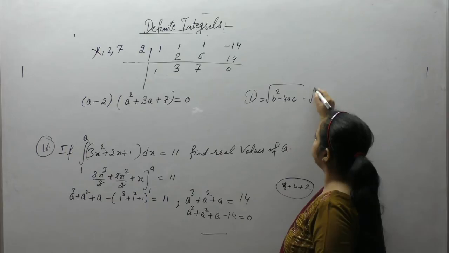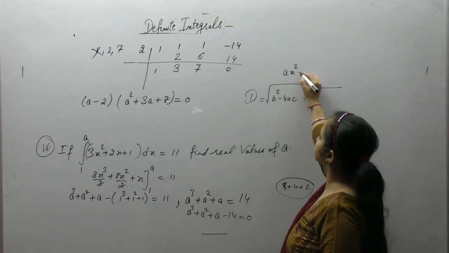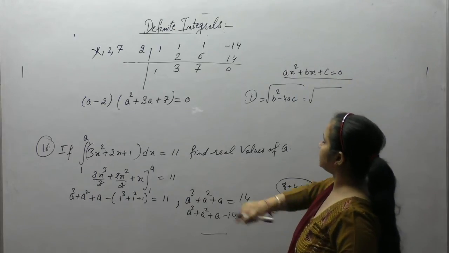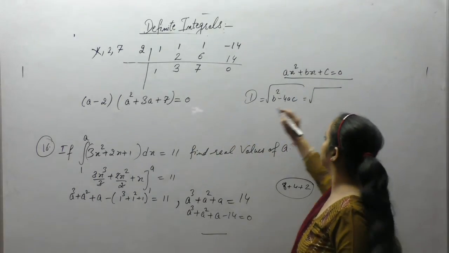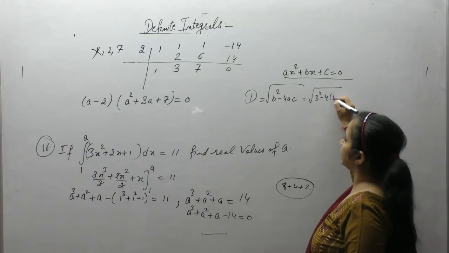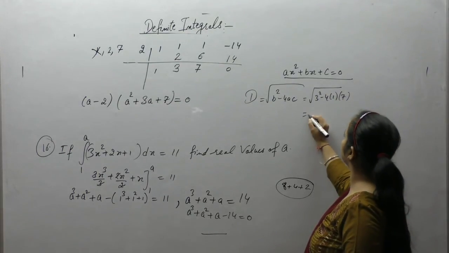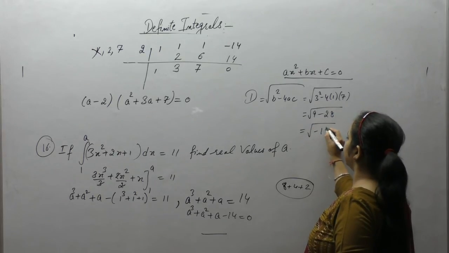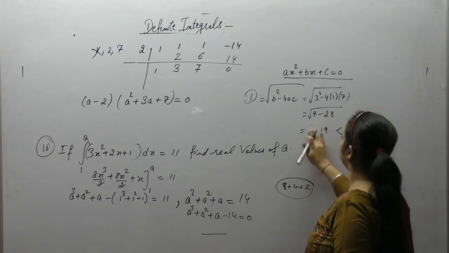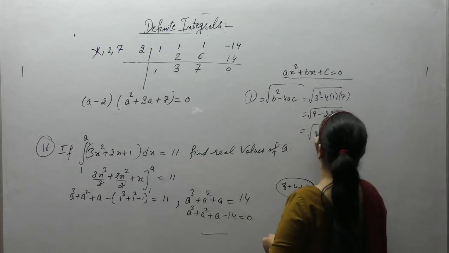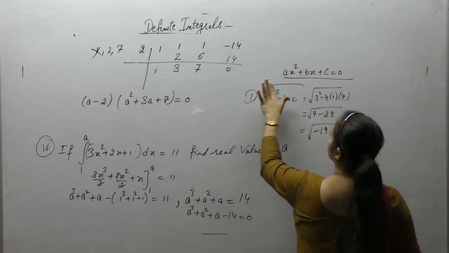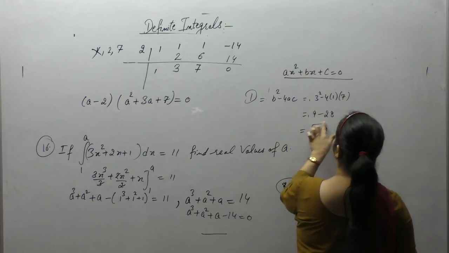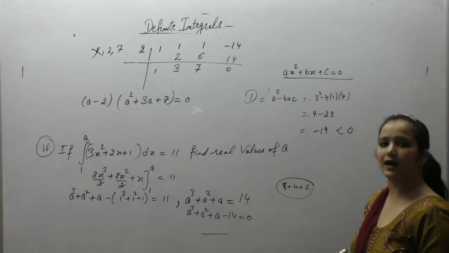If the general quadratic is ax square plus bx plus c equals 0, b is 3, minus 4ac is 7, so 9 minus 28, that is minus 19. If b square minus 4ac is negative, then the roots are not real.